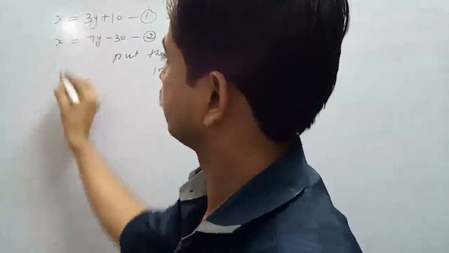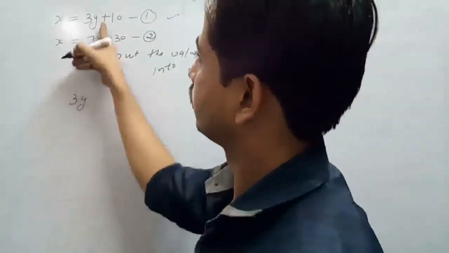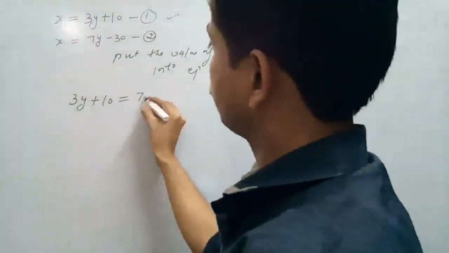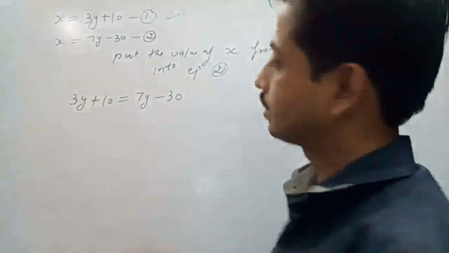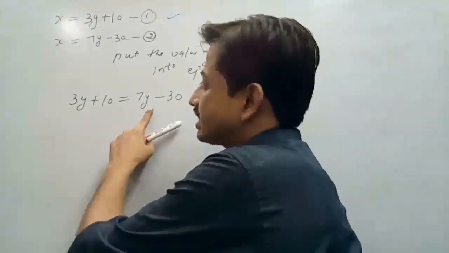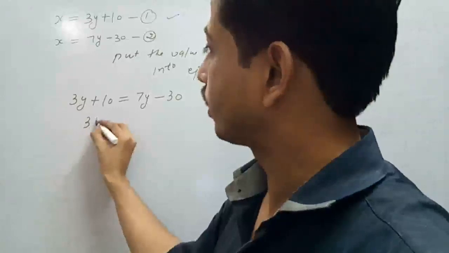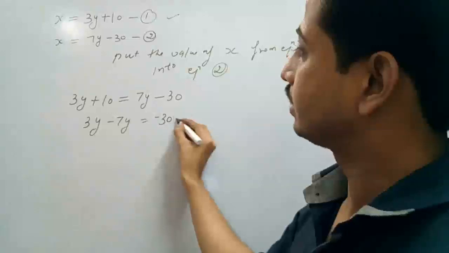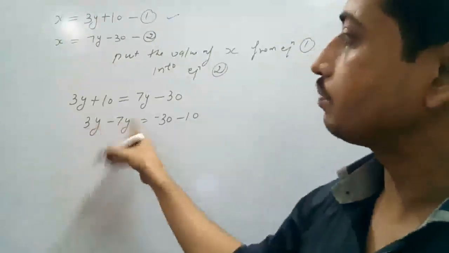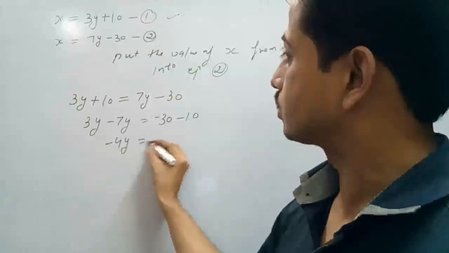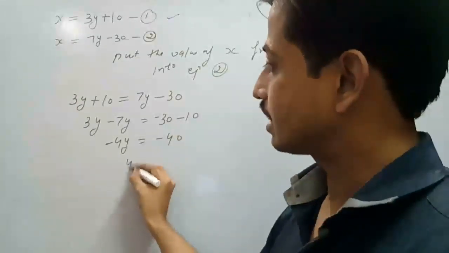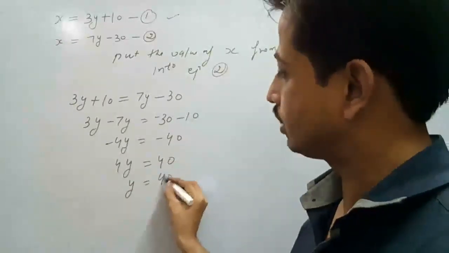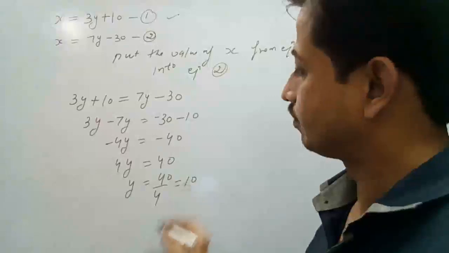So what is x? 3y plus 10, and we have to write as it is this term, 7y minus 30. Now solve this. I am going to take this 7y to the left hand side. It becomes 3y minus 7y, and take this 10 to the right hand side. It goes negative. We get minus 4y is equal to minus 40. Minus cancels out, we get 4y is equal to 40. y is equal to what? 40 divided by 4. We get 10.